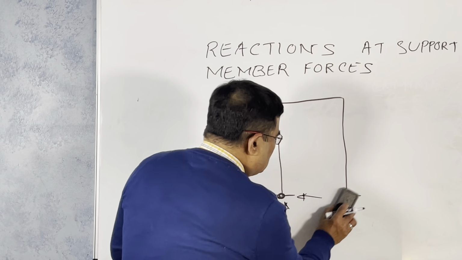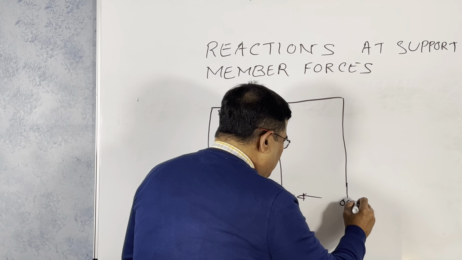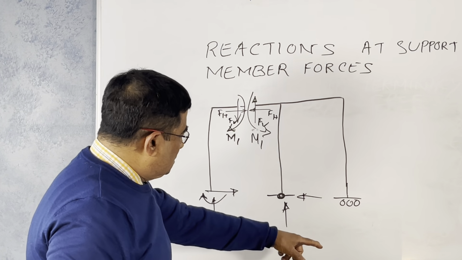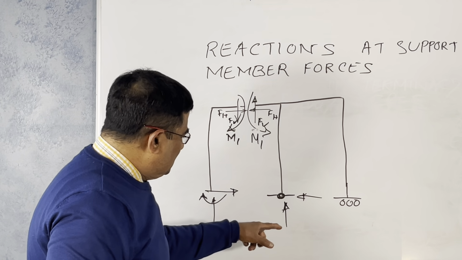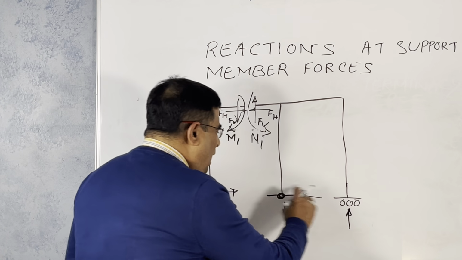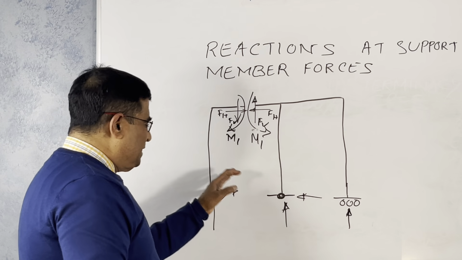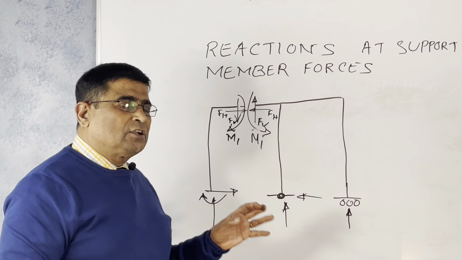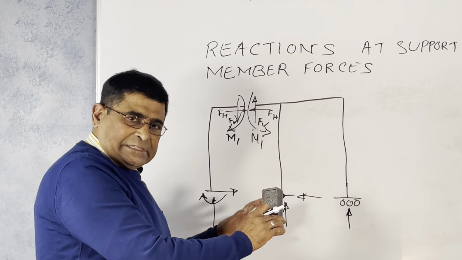Take this one, a roller support. One thing you see, they are not all parallel. These are on another plane, and there is no moment there. So these reactions are not parallel or concurrent. So it's a stable structure.